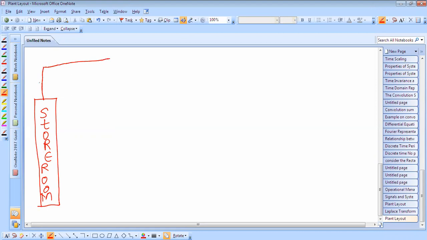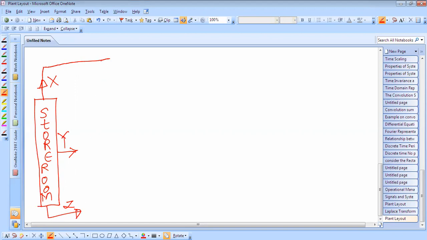Suppose this is the X line, this is the Y line, and this is the Z line. So some raw materials are taken on this X line, some will be taken to the Y line, and some will be on the Z line.